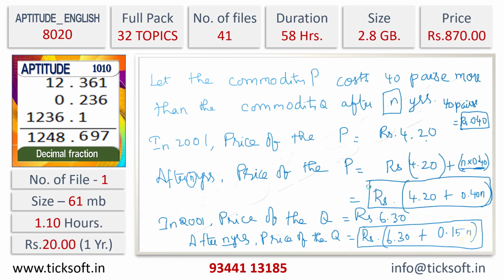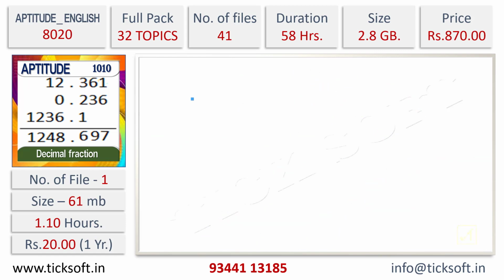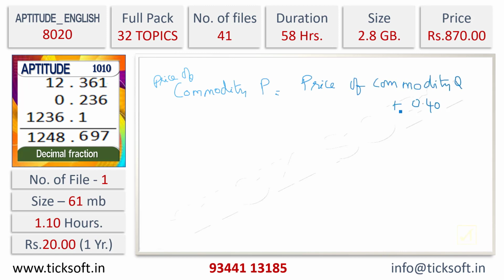But we know that the commodity P costs 40 paise more than the commodity Q after n years. This means if we add 40 paise to the price of commodity Q, we will get the price of the commodity P after n years. So the price of commodity P will be equal to the price of commodity Q plus rupees 0.40 after n years.